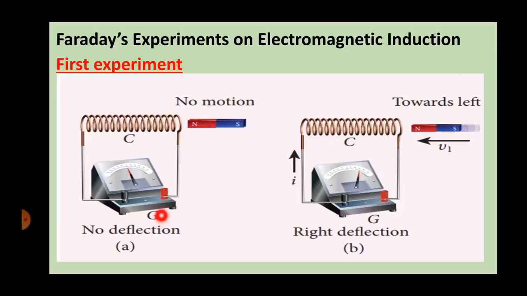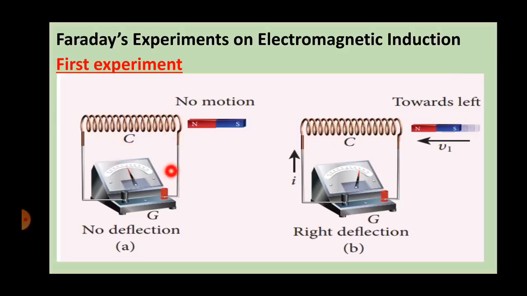So students, this is a simple circuit. Now the galvanometer in this circuit will not show any deflection, because there is no source of electric current inside the circuit. You already know the use of a galvanometer, which is to detect the flow of current.